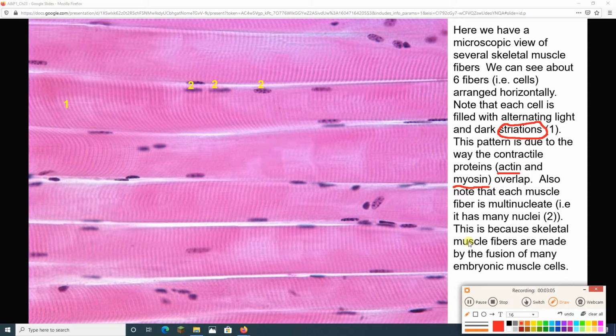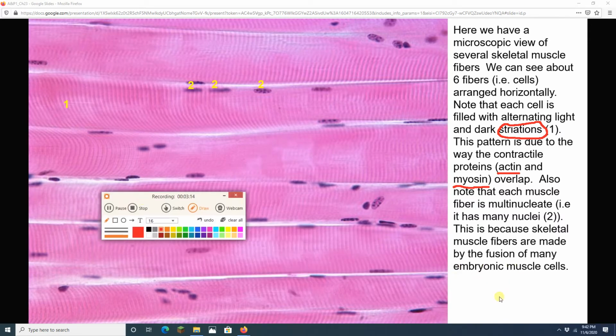This is because originally, when you are a tiny little embryo, you have these embryonic muscle cells, which are known as myoblasts. So we've seen that blast prefix before, like osteoblast, chondroblast. Myo means muscle, so myoblasts are muscle makers.